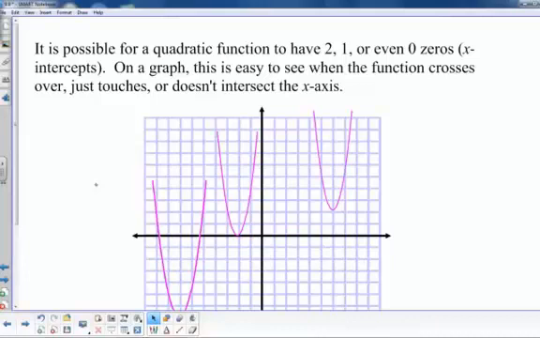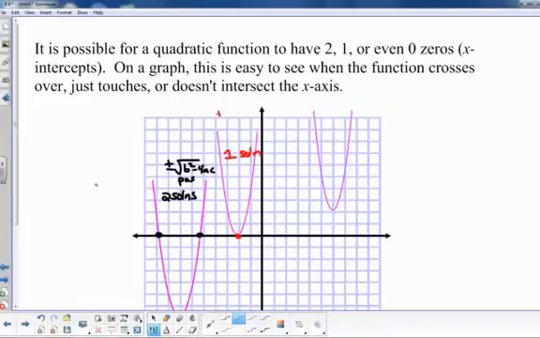So there's 3 different possibilities here that you're going to get when you do the quadratic formula. You're going to either get something with 2 solutions. That would mean the plus or minus square root of b squared minus 4ac is positive. You're going to get something with 1 solution, and that would mean that the square root of b squared minus 4ac is 0.